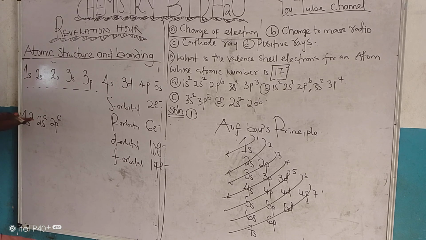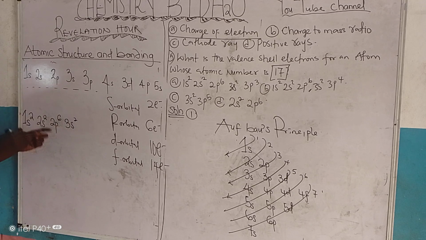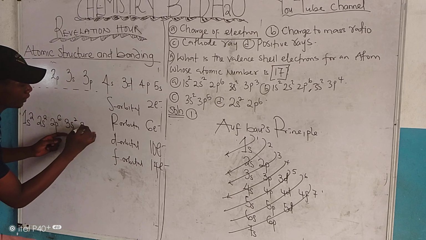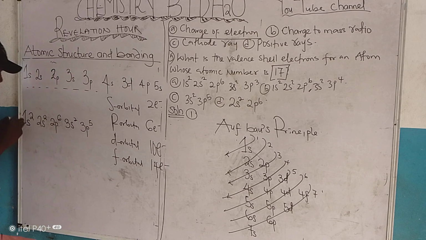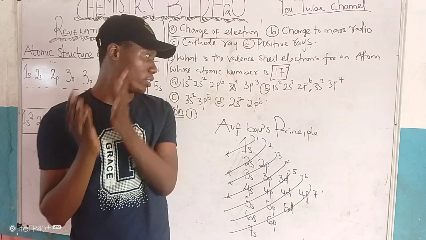So far, I have arranged 10 electrons. I still have 7 left. So I'll go to the next one, it is 3s2, and the last one is 3p5. And this is the electronic configuration for an atom whose atomic number is 17.